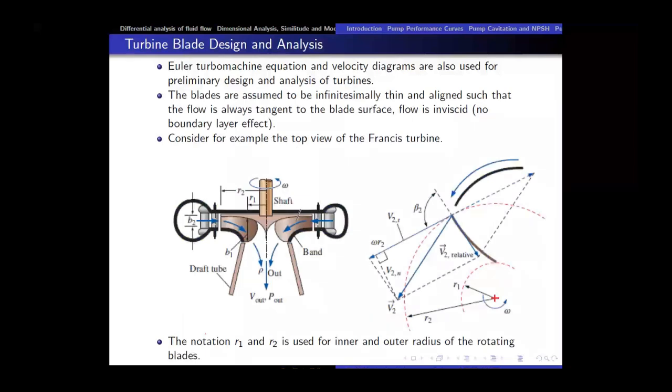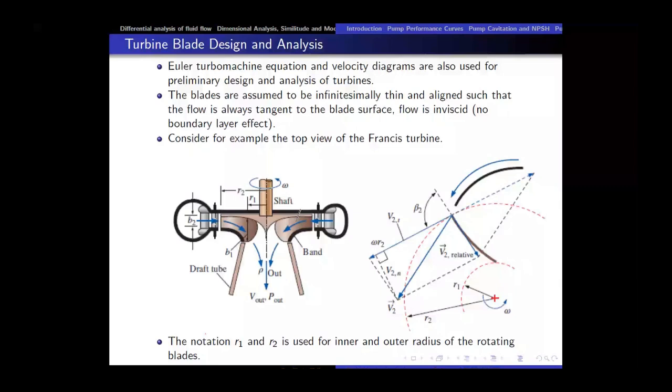We can always do theoretical calculations to roughly see what the power generation is, but in those velocity triangles we don't know certain velocities, which would come from actual experimental values. So our analysis is limited; theoretical analysis has certain limitations.